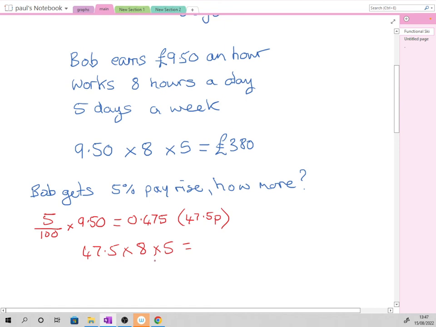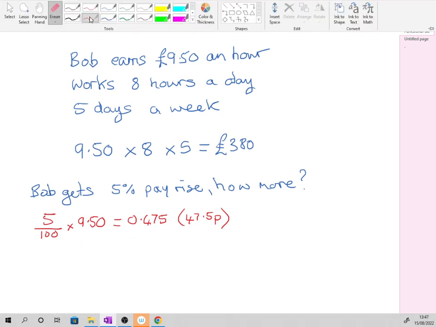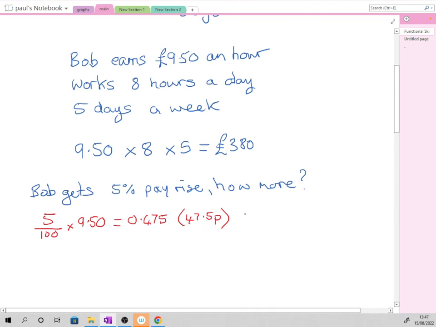Oh, hang on. What have I done? That's not a deliberate mistake, that's just silliness. Let's go back. So that's his pay rise, isn't it? So he gets 950 plus 47.5, which equals 997.5 pence.